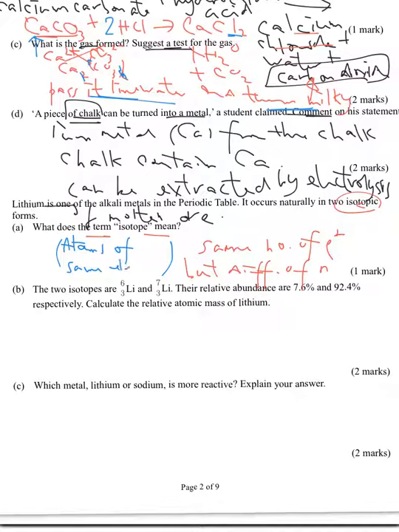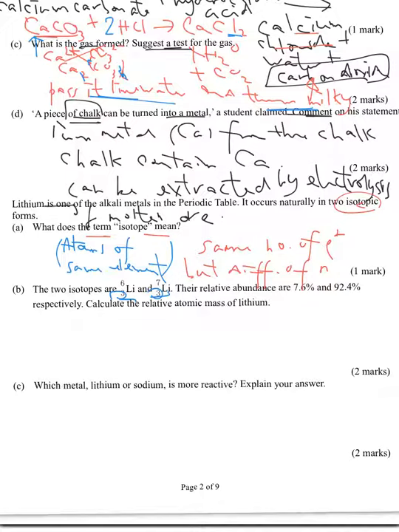What does that mean? The definition means if we have one element, it can have 2 or more forms. They are actually different atoms, but the same element. For example, here, lithium, we have lithium 6 and lithium 7. They have the same number of protons. Remember, number of protons the same means the same identity of element.